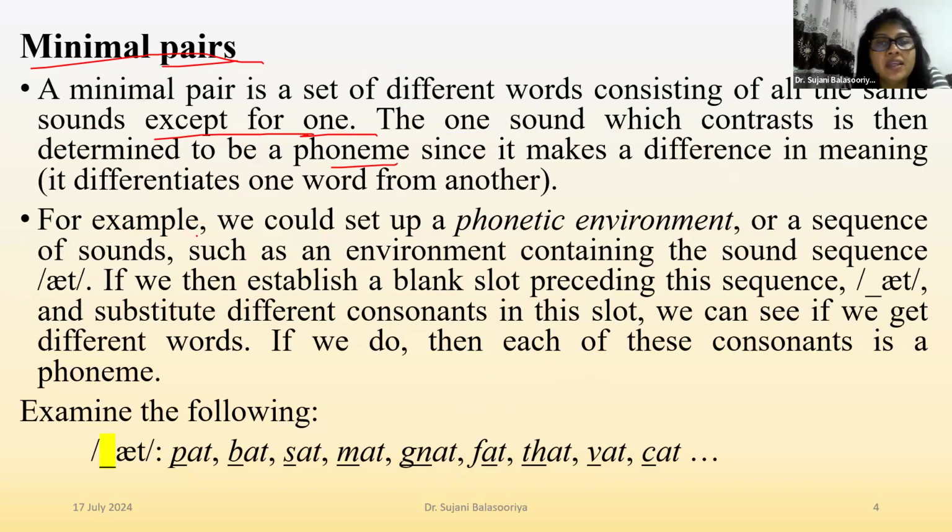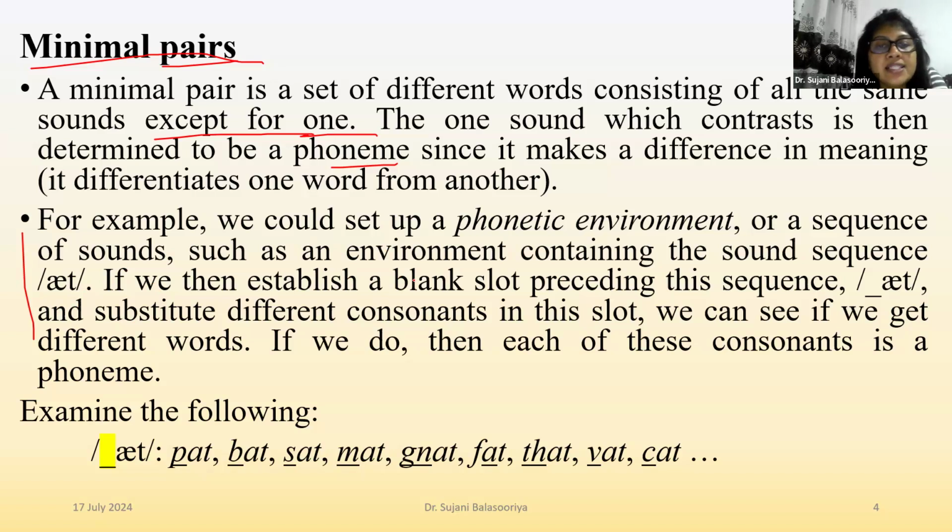Okay, right, we will look at the examples, but before that you have another description. Just turn to that example actually, right? We could set up a phonetic environment or a sequence of sounds such as an environment containing the sound sequence at.